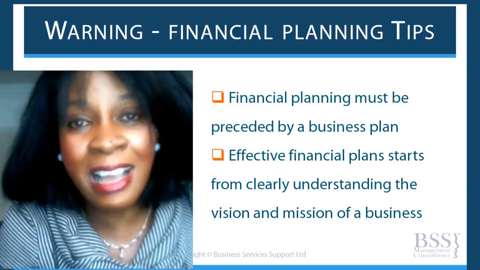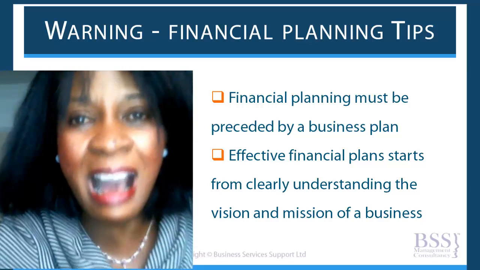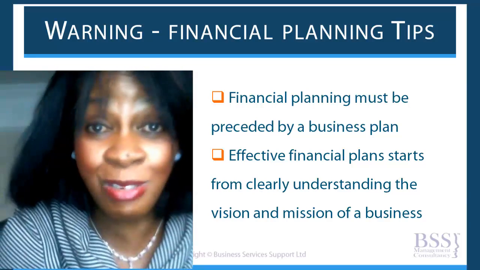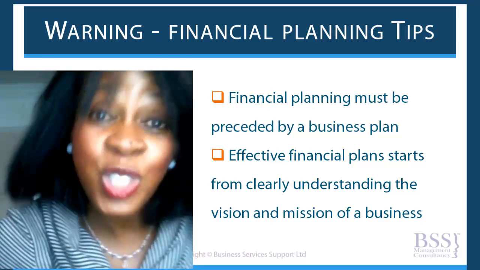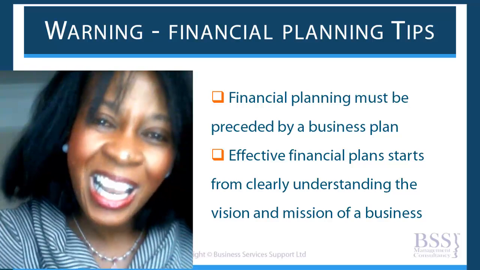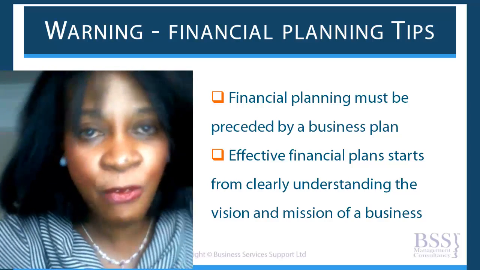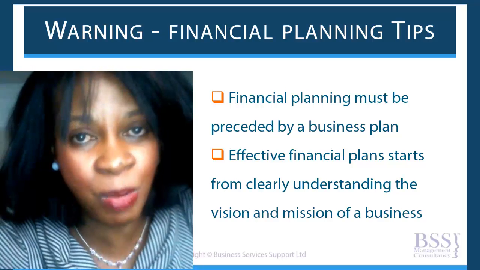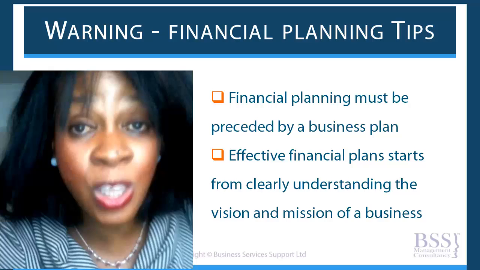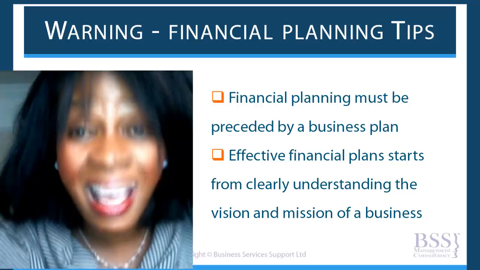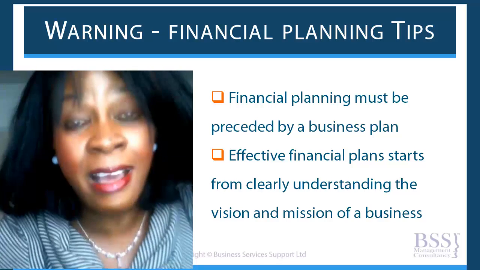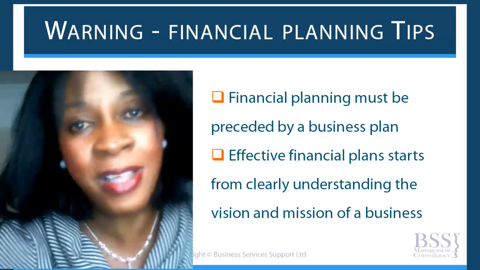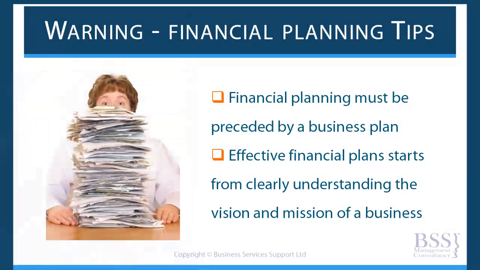But what lies behind it, what's going to drive that figure, is what lenders or investors are interested in. So, a word of caution: never write a financial plan first without thinking about a business plan. A business plan must always be produced first, and then a financial plan is built upon the business plan. That is the sequence in which things should be done.